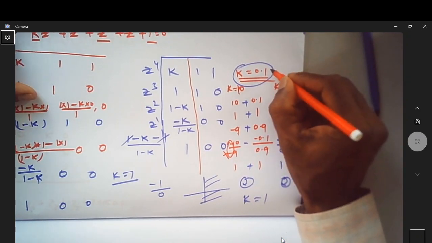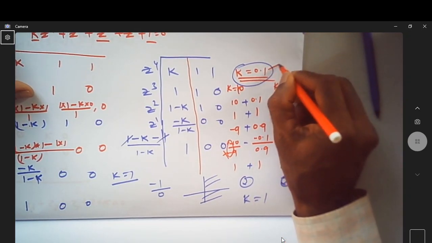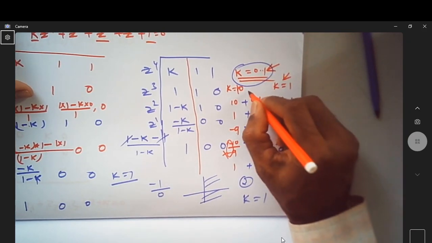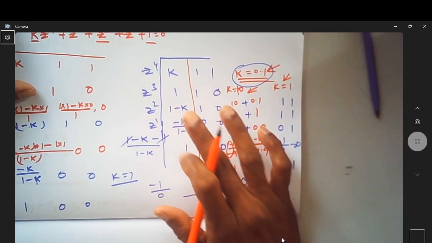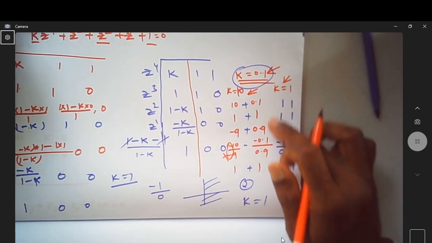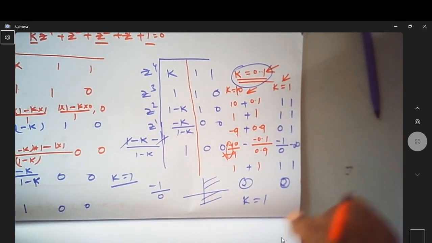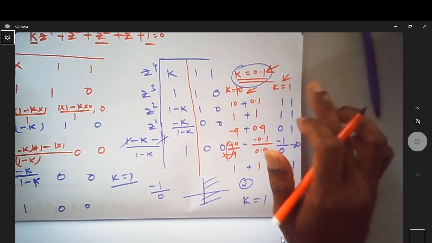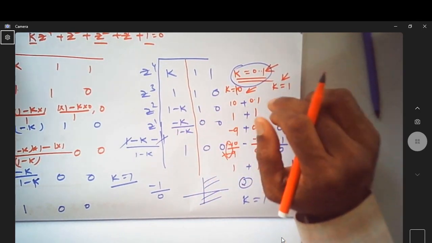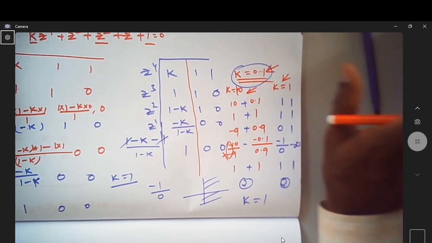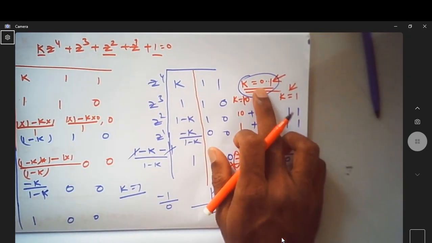So for any value of k ranging from a very small value, equal to 1 and greater than 1, there are 2 sign changes happening in the first column of the Routh array. What does it mean? 2 sign changes in the first column of the Routh array means there are 2 closed loop poles always on the right hand side of the S-plane, irrespective of the value of k.